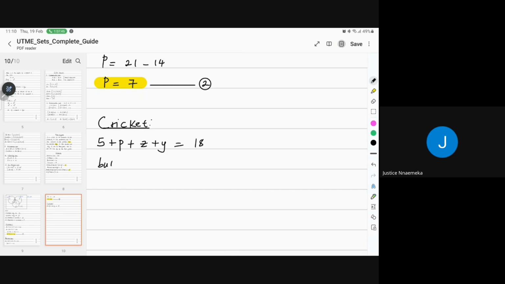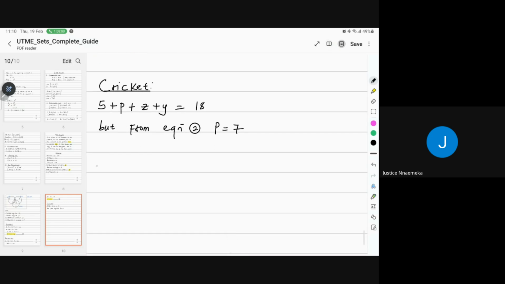But from equation 2, we have that P is equal to 7. So we're going to plug in the value of P right there. So we have that 5 plus 7 plus Z plus Y is equal to 18. 5 plus 7 is what? 12.